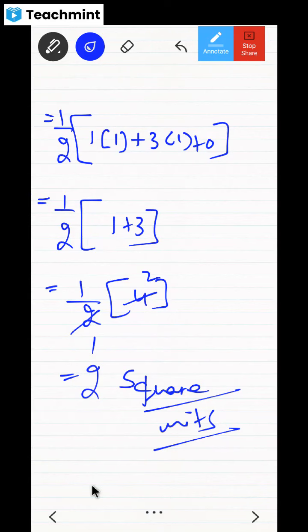Here directly you can call them. Once they have given, this one I can call x1, y1, this one x2, y2, and this one x3, y3.